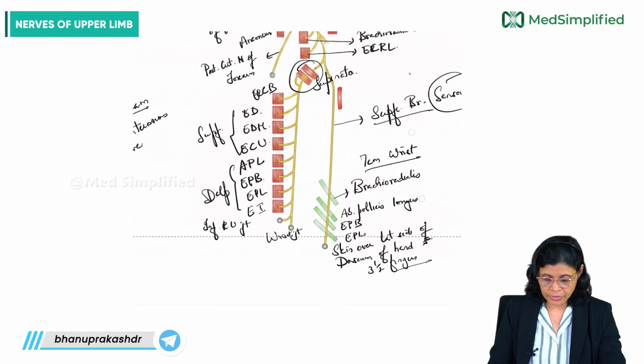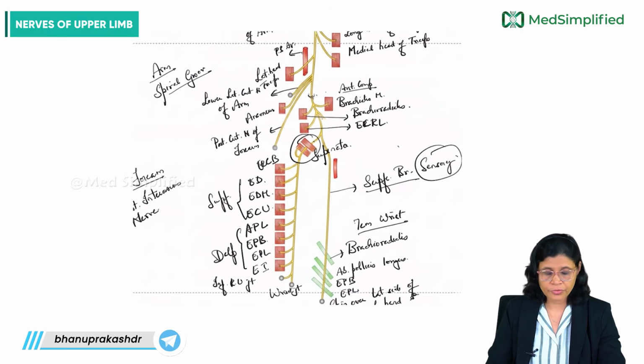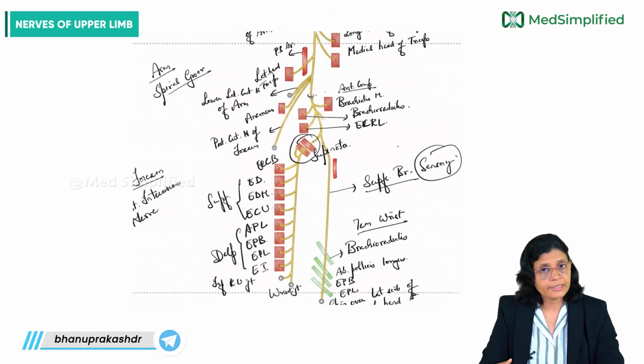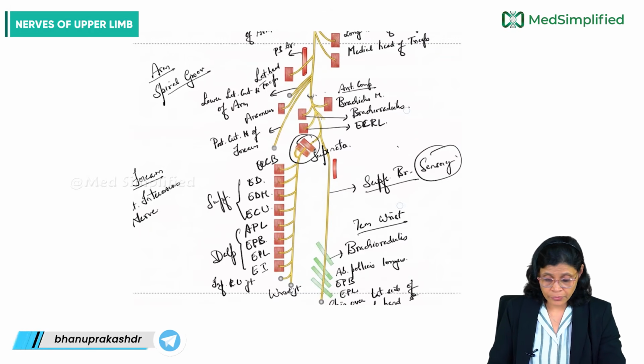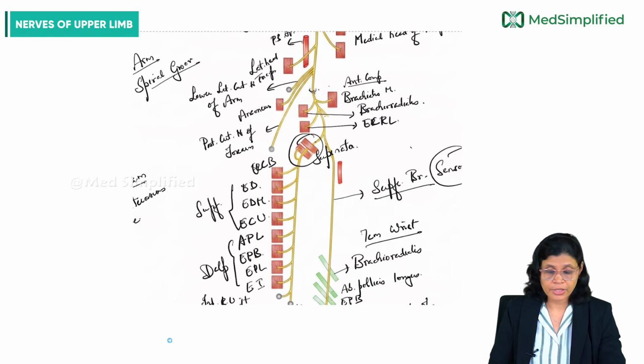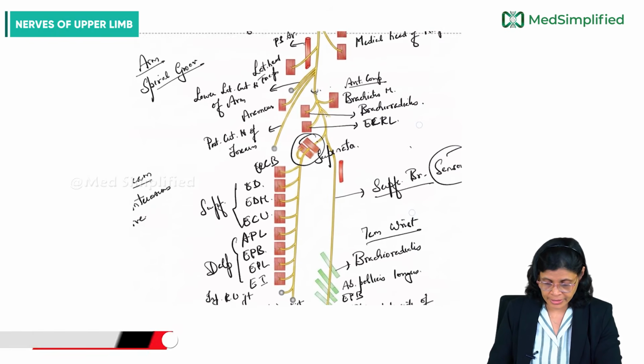So this is about the course and distribution of the radial nerve and its branches. So now we have to understand the injuries. The radial nerve is injured at 3 sites mainly.